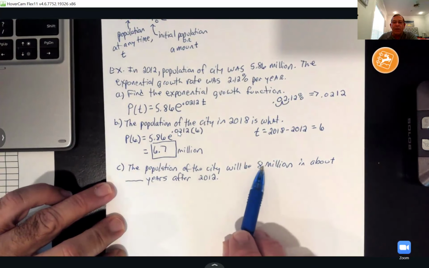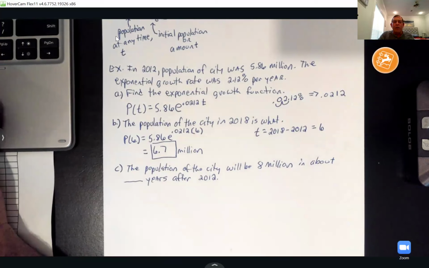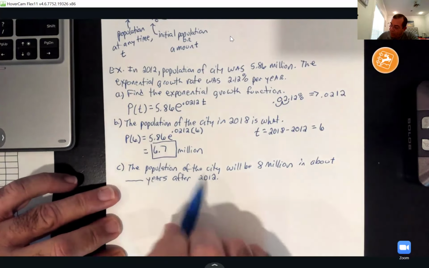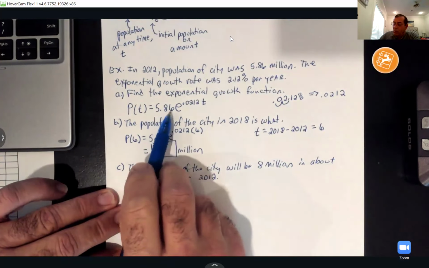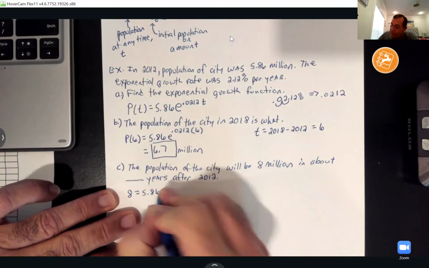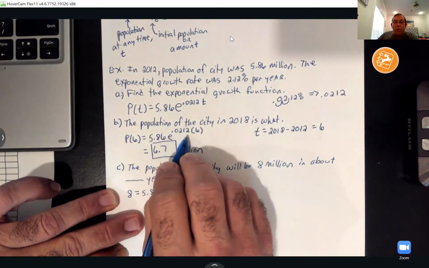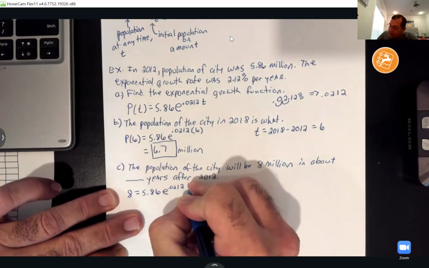So the 8 million, that's going to be our final population that we're looking for. So that'll go in where the P of t is. So our P of t will be the 8 million. That's going to equal 5.86 e to the 0.0212 times t.